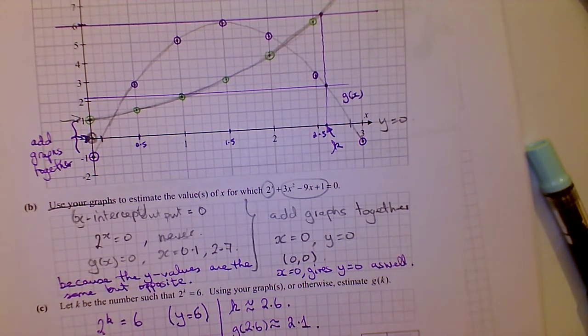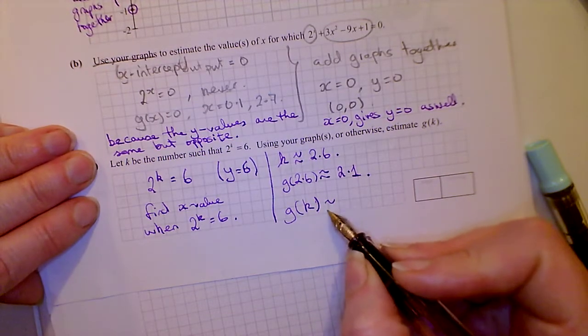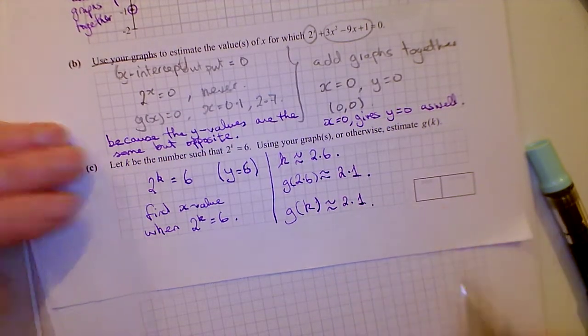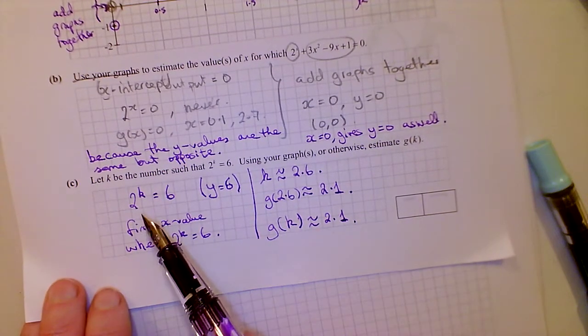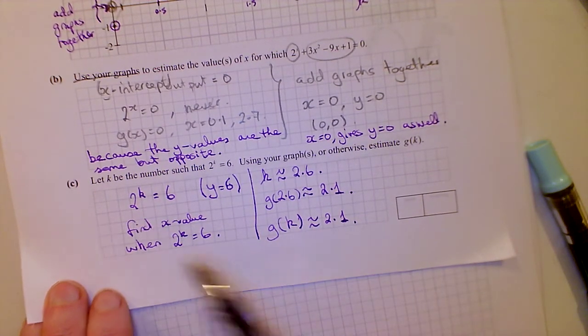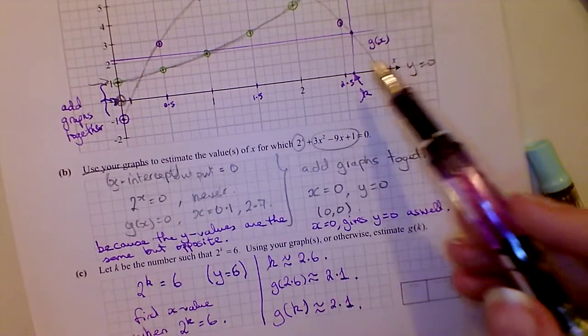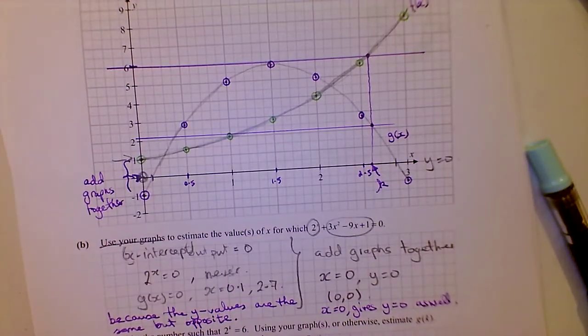So g of k should be approximately 2.1. So what did I do there? They wanted me to use the input for this graph, the input for my exponential, and use the same input to find the matching output for my quadratic.